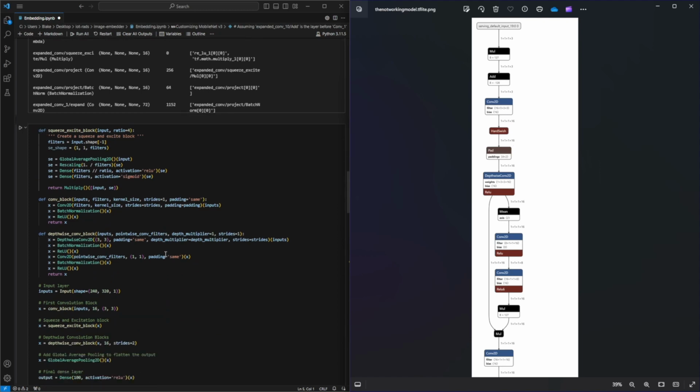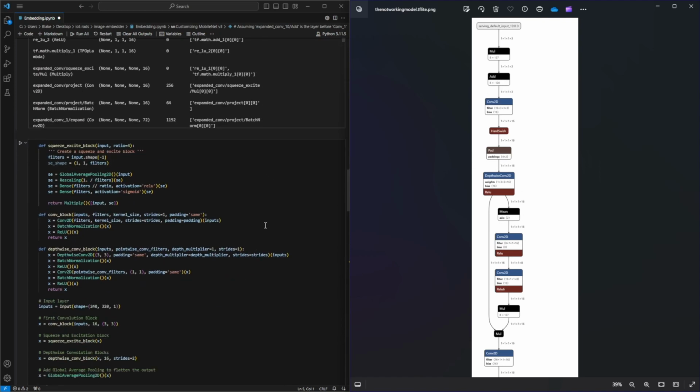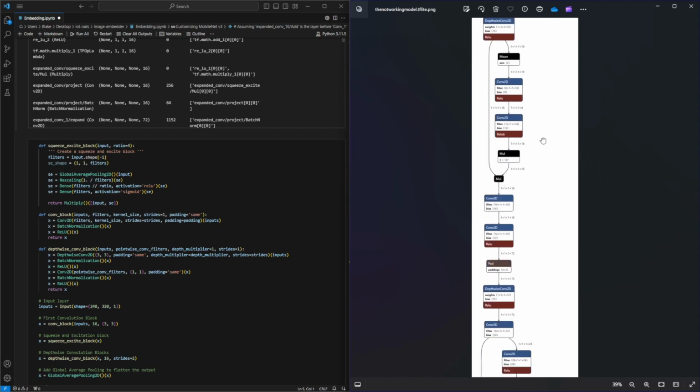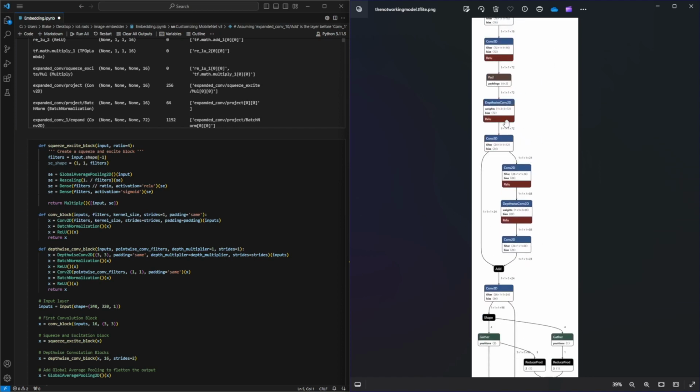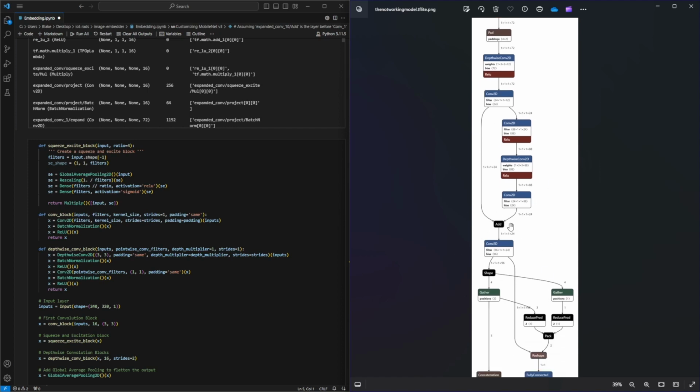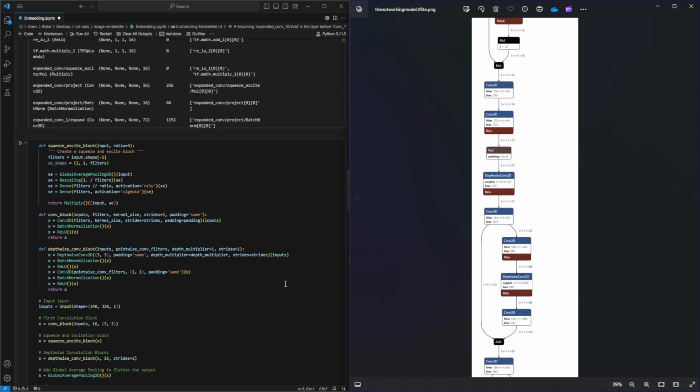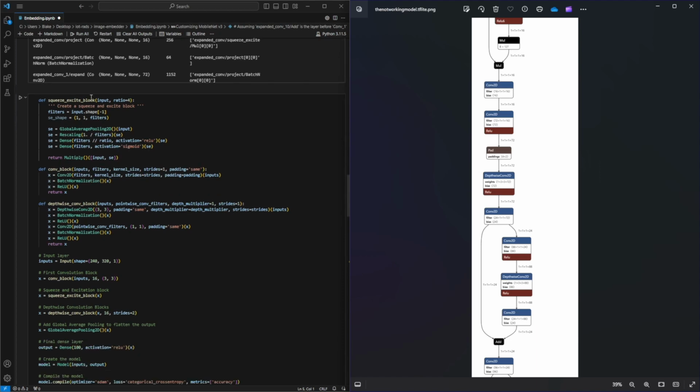So in response, we decided to customize this further by creating our own unique blocks to imitate the MobileNet version, and then we can customize the number of filters we want and take out some of the added complexity like this add and padding here. It was necessary for MobileNet, but unnecessary for us. To do this, we created a custom squeeze and excite block.